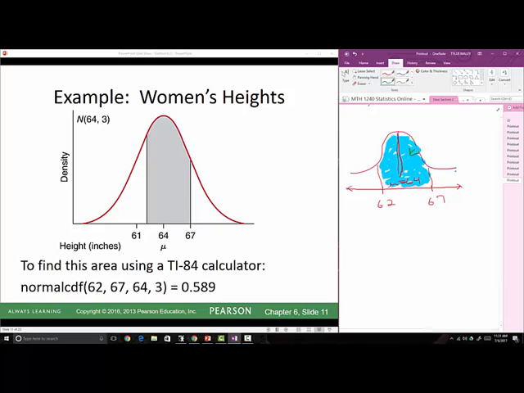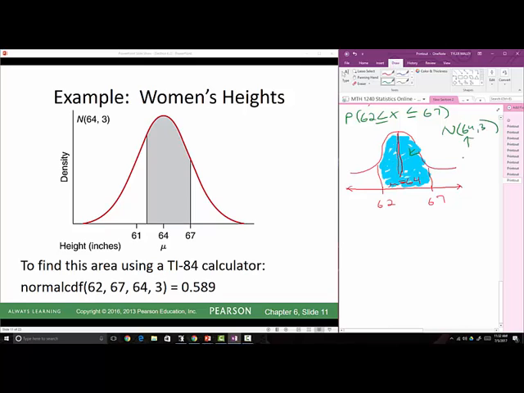So our question still is find the probability that x is in between 62 and 67, right? And we have a normal curve of, let's see, 64.3, right?